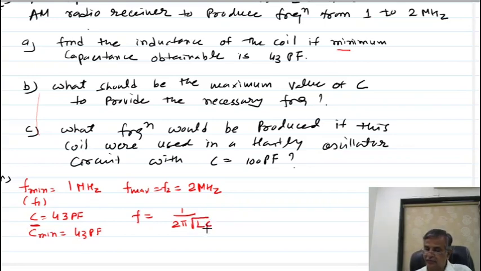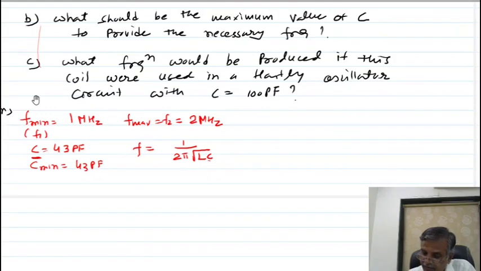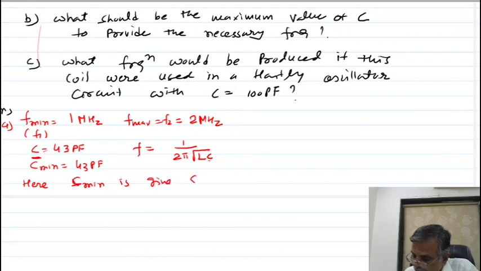When C is minimum, frequency is maximum. Remember, here C minimum is given. So F is maximum. Therefore, take F is equal to F2 is equal to 1 upon 2 pi root LC.